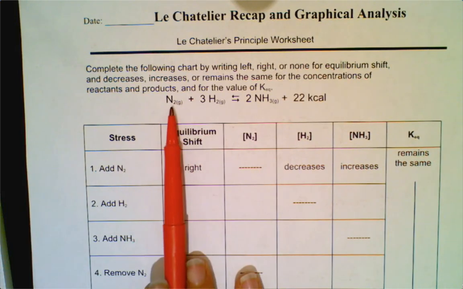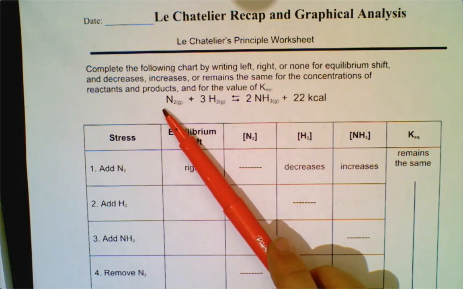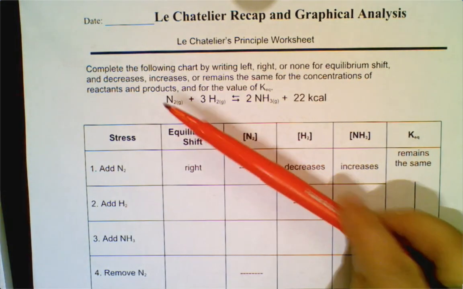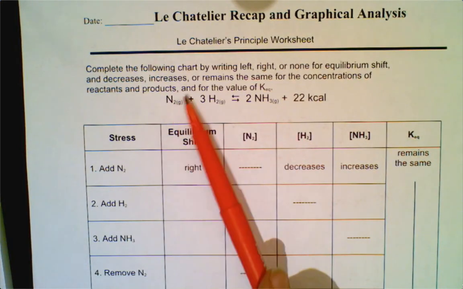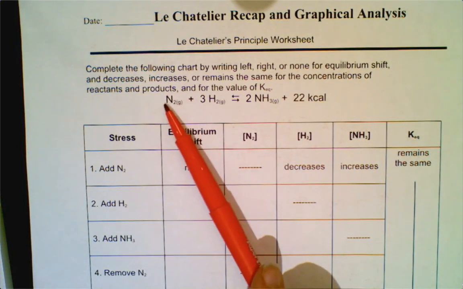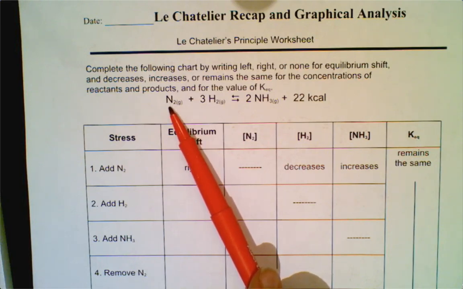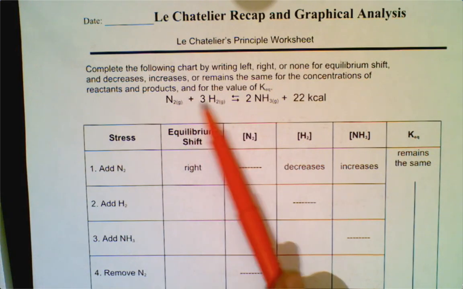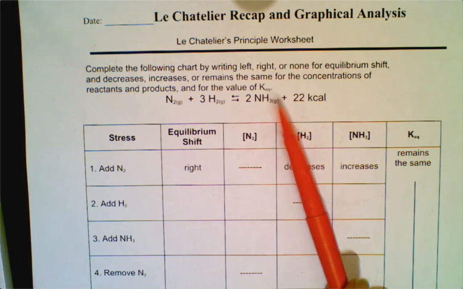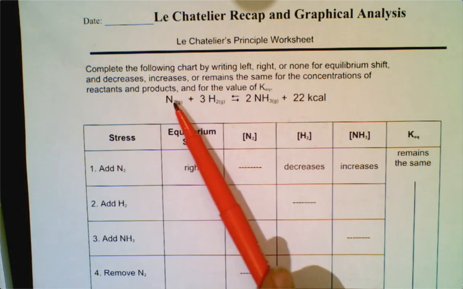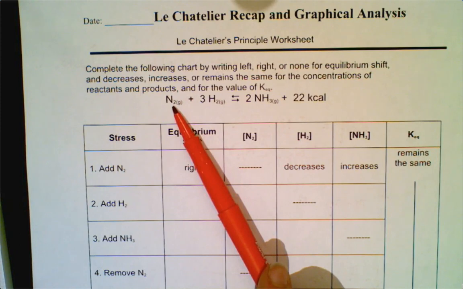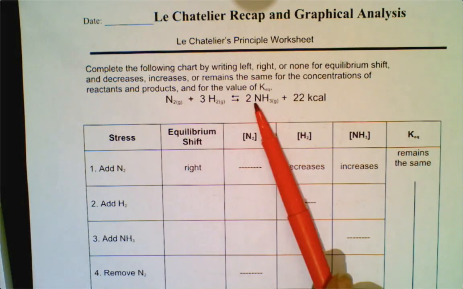If we increase this, the system must counterbalance that increase, and we must use some of that up because there's too much. The only way to use up some of that N2 is for it to collide with some more H2 to form NH3. That's how it compensates for the excess in N2. So the system will shift to the right.